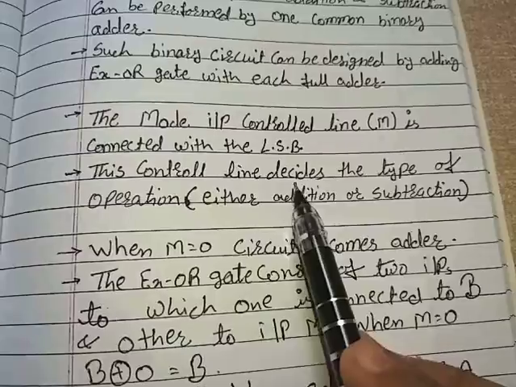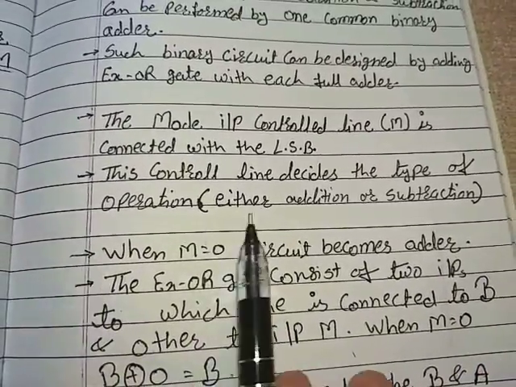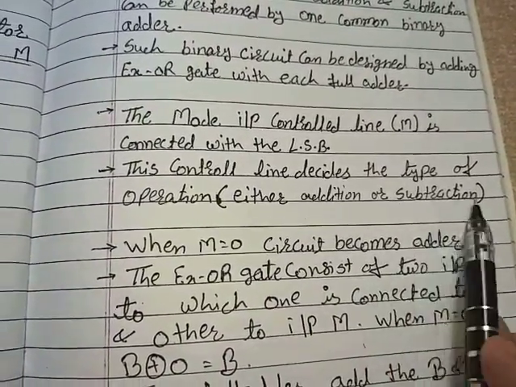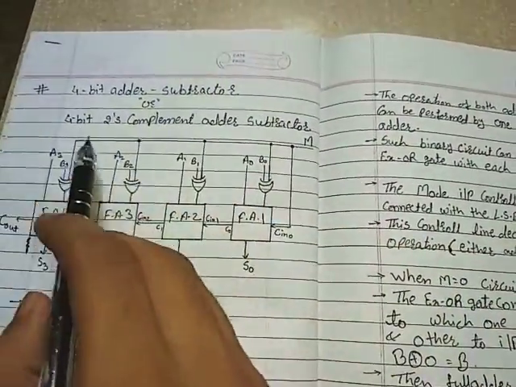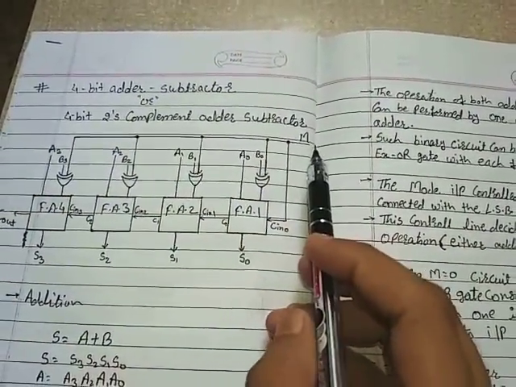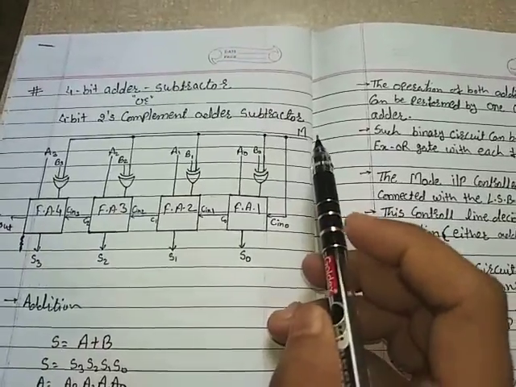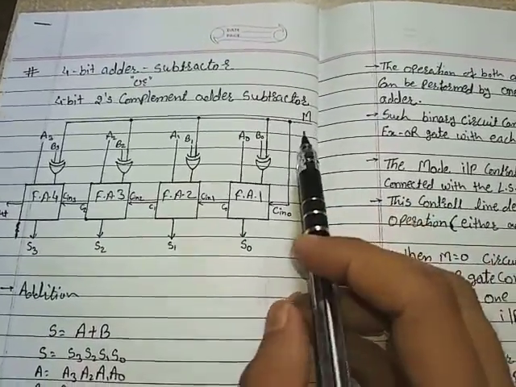This control line decides the type of operation, either addition or subtraction. This will decide what we have to perform: addition or 2's complement binary subtraction.